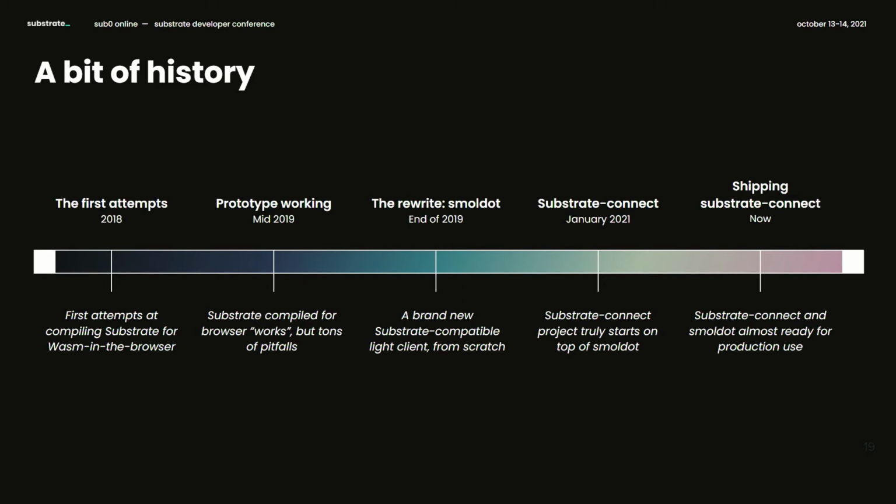Substrate was really designed with some assumptions in mind, such as having a file system or having multiple threads, which are completely normal assumptions to make. But when you run a node in the browser, you don't have any file system, you only have a single thread. So it was kind of wonky.